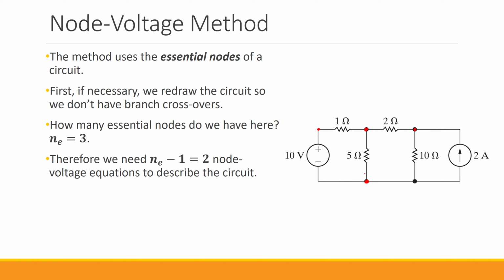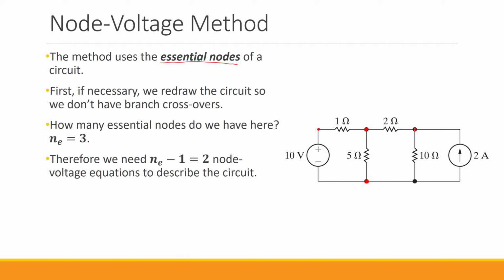So out of these 4 nodes that we have for this circuit, how many are essential nodes? Because that is important. What was the definition of an essential node? An essential node was a node at which 3 or more elements were connected. So out of these 4 nodes, this one is not an essential node because it's the point of connection of only 2 elements.